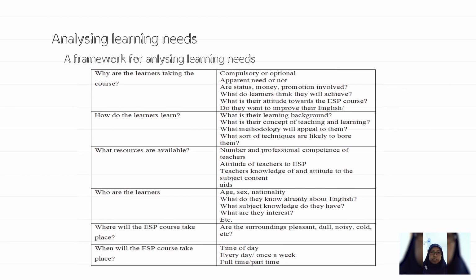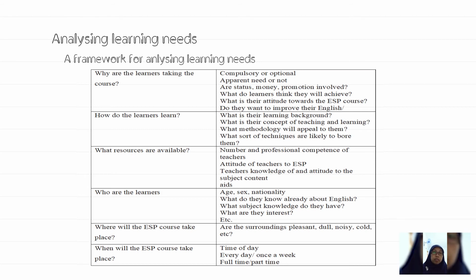The last point to be discussed is about analyzing learning needs. Here, I have a framework for analyzing learning needs. There are some questions here that will help us to have the description of how the analysis of learning needs will be. The first question is, why are the learners taking the course?